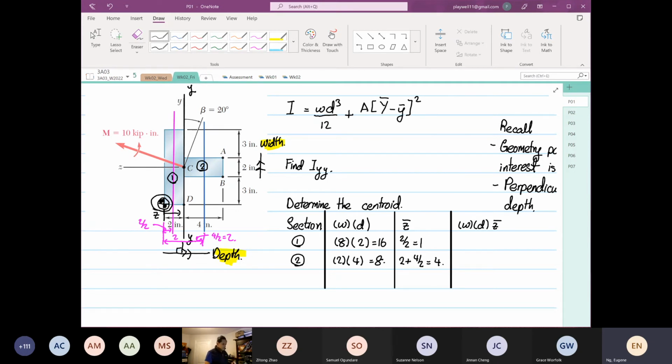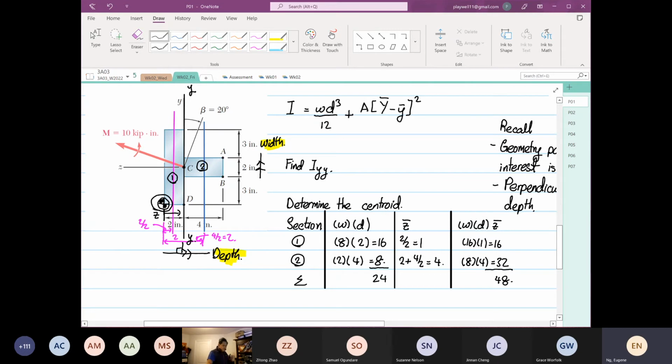We have to calculate. So this will be 16, because we multiply everything, so 16 multiplied by 1, and then this is 8 multiplied by 4. Then you do the summation. This is equal to 24, and this is equal to 48.